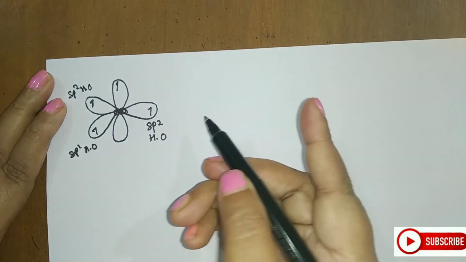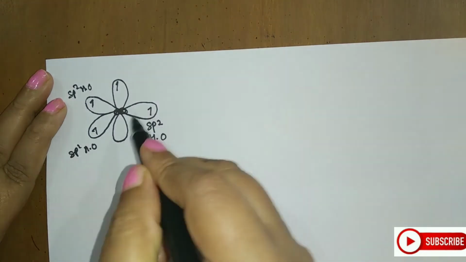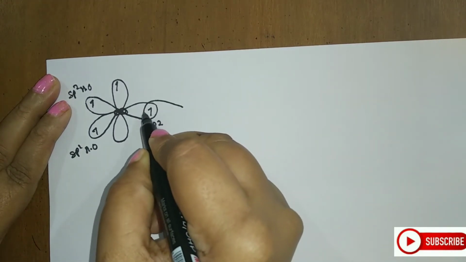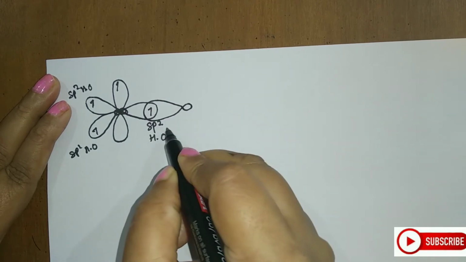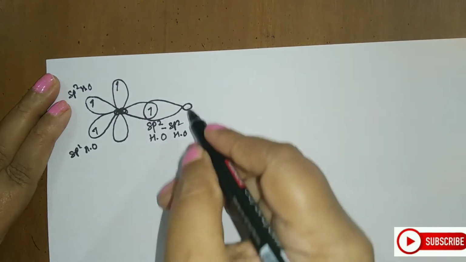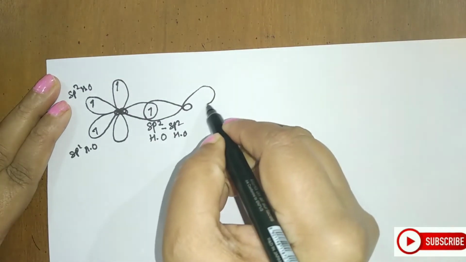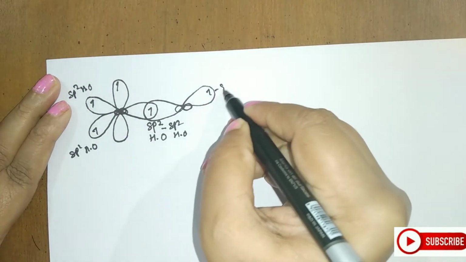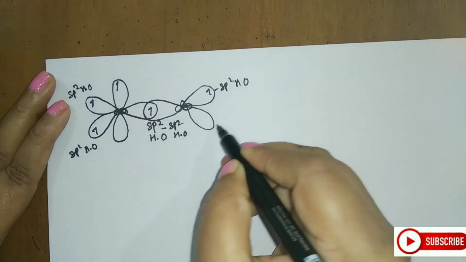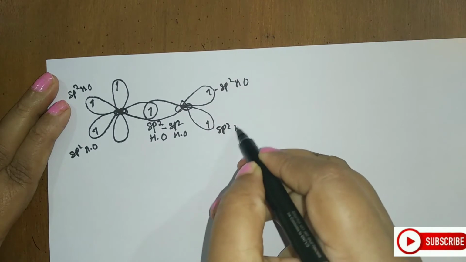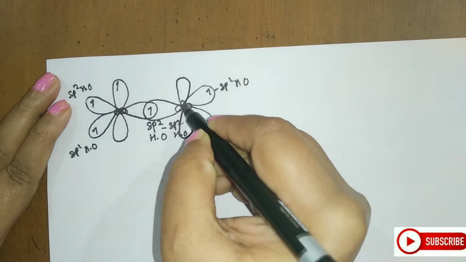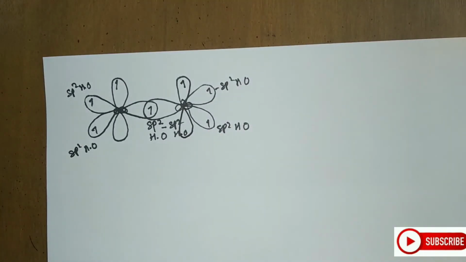Now a similar other atom I am overlapping here because I have to form the bond. The other carbon atom will form in this way. So this is its sp2 hybrid orbital of the other carbon atom. This is the sp2 hybrid orbital and the third sp2 hybrid orbital of the carbon atom, and this is the unhybridized orbital of carbon that is left in this way.